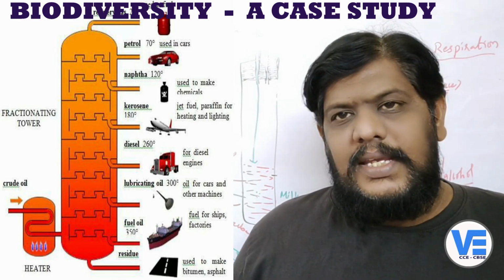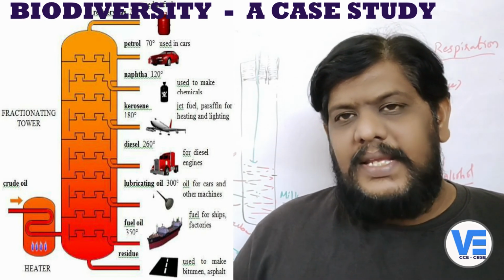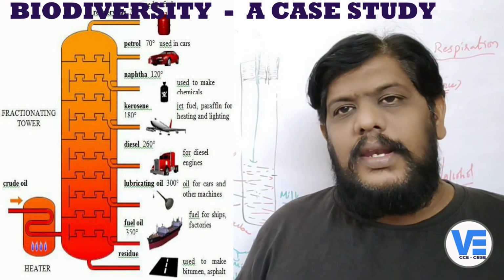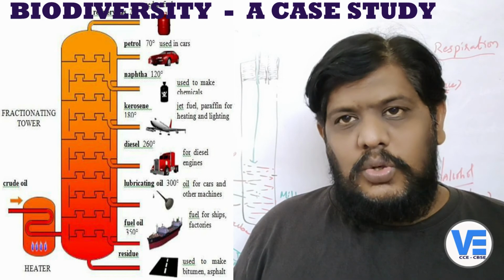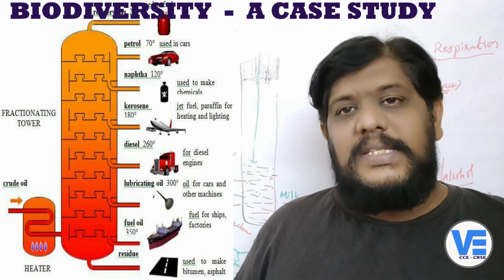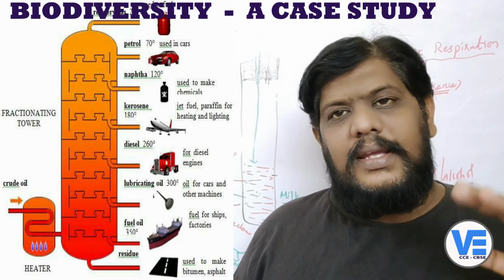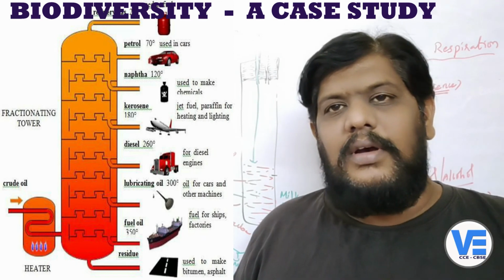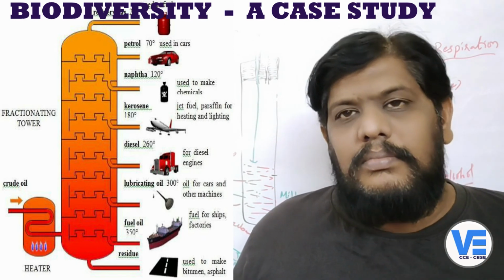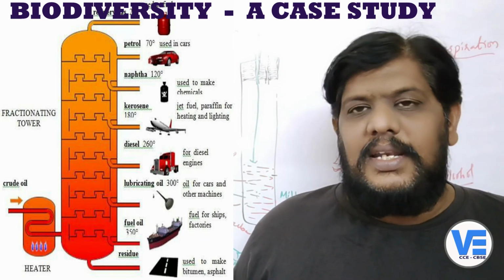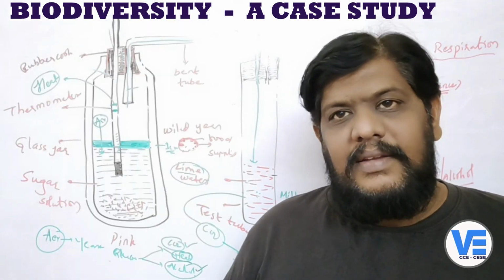This is the refinery, where the crude oil is converted to different products like kerosene, diesel, petrol, and LPG gas. All these come because each and every oil has its own boiling point. So they turn into vapor, cool down at a certain point, and get separated.